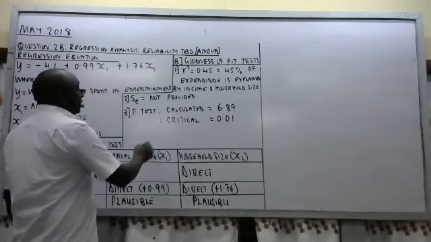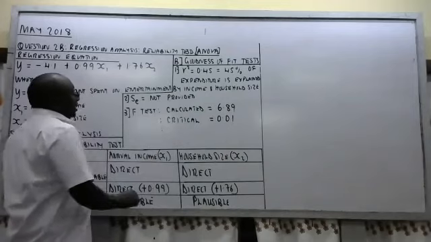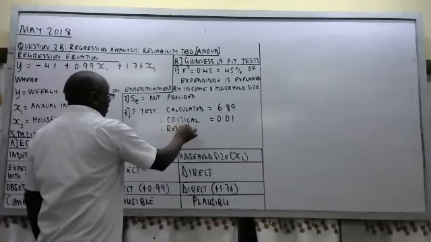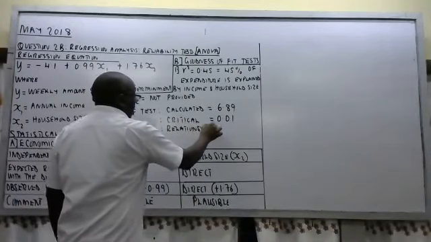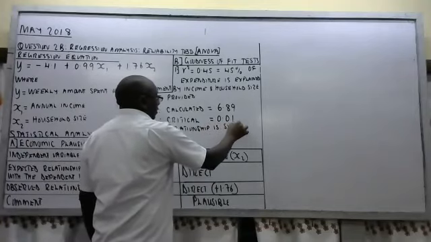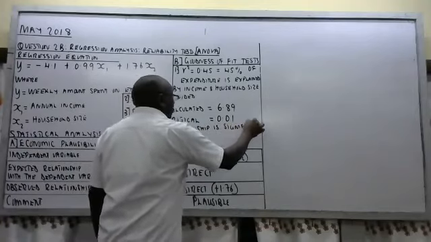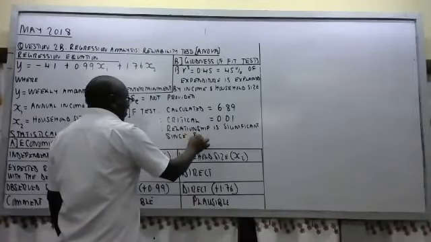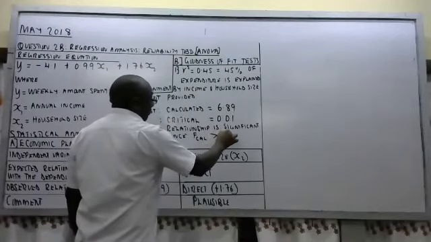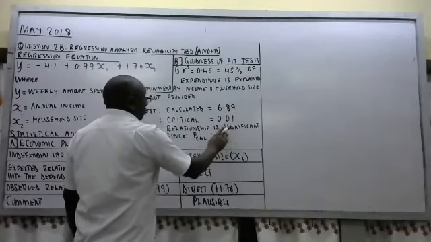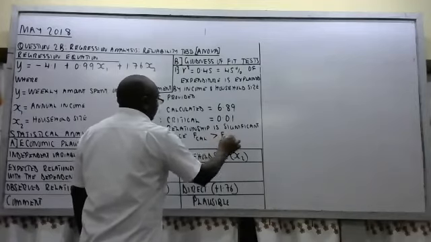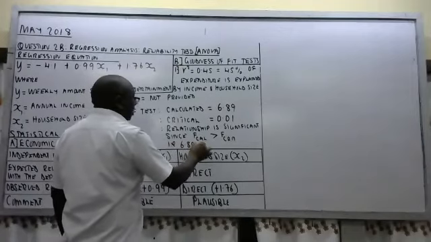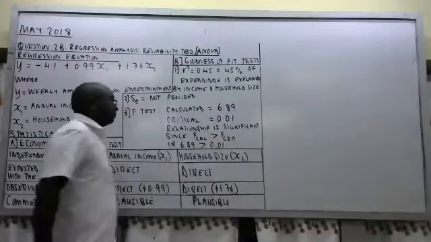So the comment is that the relationship is significant, since F calculated is greater than F critical. That is, 6.89 is greater than 0.01.